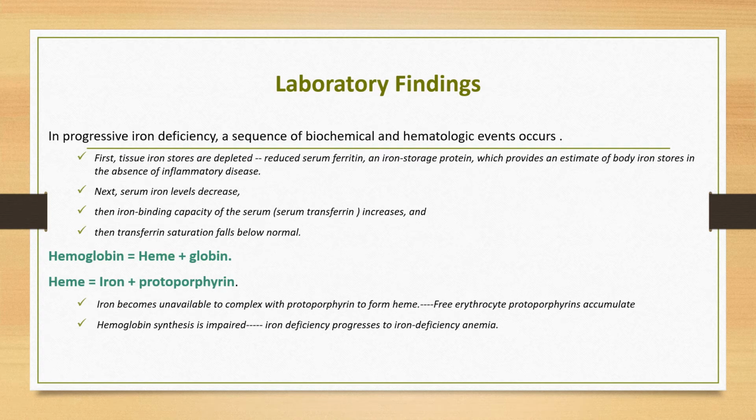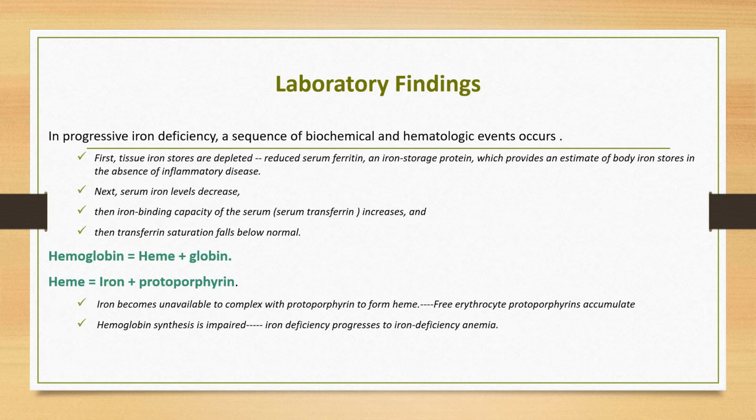When we come to laboratory findings, in progressive iron deficiency, a sequence of biochemical and hematologic events occurs. First, tissue iron stores are depleted, and this is manifested in the form of reduced serum ferritin. Serum ferritin is an iron storage protein which provides an estimate of body iron stores in the absence of inflammatory disease.